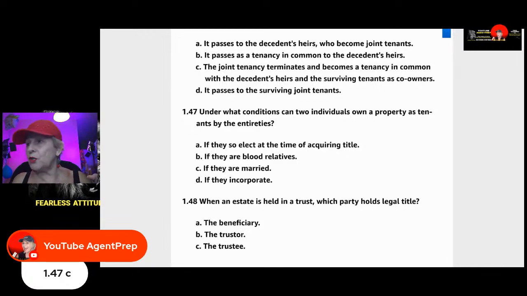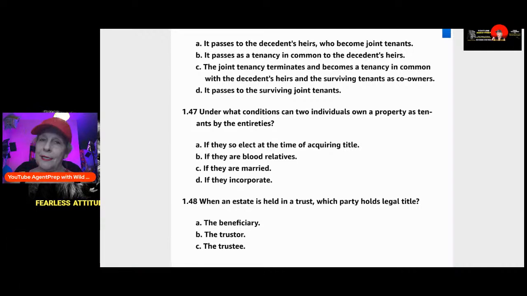So we've got severalty, tenants in common, 2 or more, no survivorship, and it goes to their heirs or whoever else they leave it to. Then joint tenancy has to meet 4 conditions, TTIP: time, title, interest, possession, 2 or more, and it does have survivorship, meaning if one of the partners dies, it goes to the other.